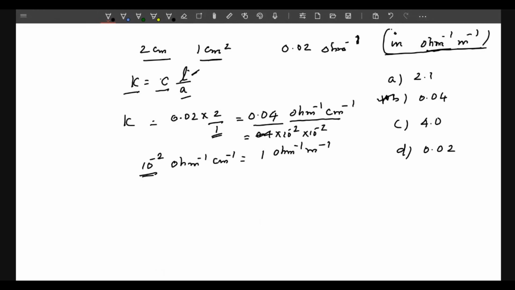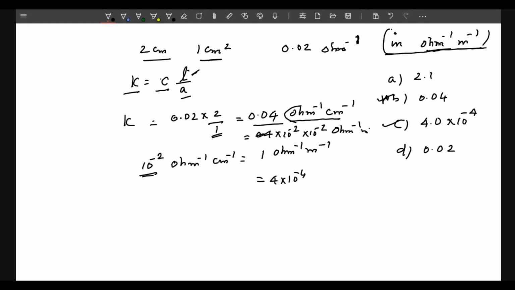Now per ohm per centimeter is equivalent to per ohm per meter. Therefore, the answer is 4 into 10 power minus 4. Here, option C, you write it like this; I had missed the 10 power minus 4. So 4 into 10 power minus 4 per ohm per meter is the correct answer. In both the units they would give you this value, but this is the correct answer.